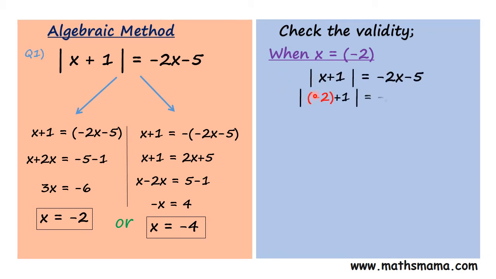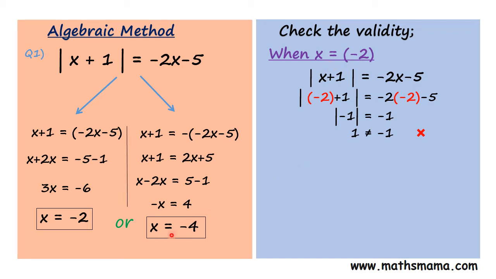There we get modulus of negative 2 plus 1 equal to 2 times negative 2 minus 5. Here we simplify: we get modulus of negative 1 is equal to negative 1. So 1 is not equal to negative 1, therefore it does not satisfy the equation, which means x equal to negative 2 is not a valid answer, right?